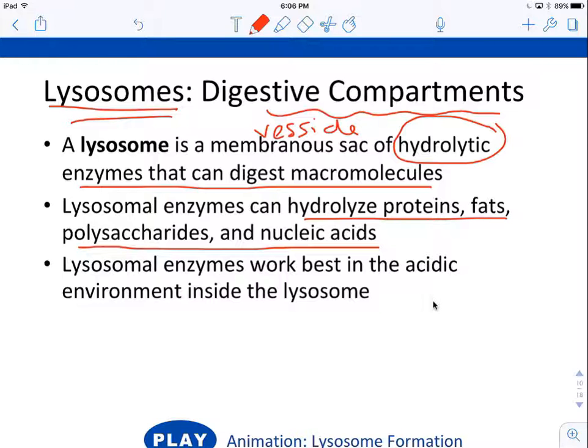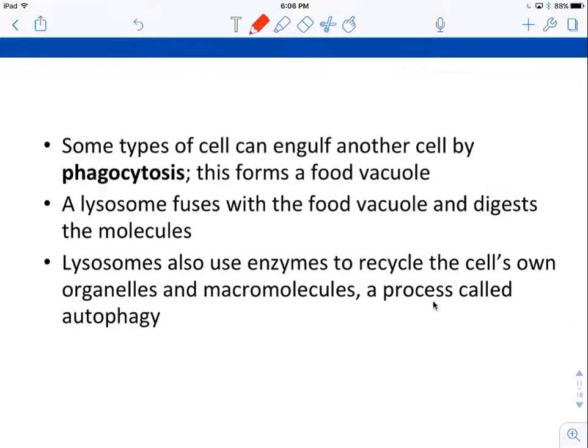Okay. The lysosomal enzymes work best if there's an acidic environment inside the lysosome. It creates this little environment so that the proteins inside have the correct structure so they can have their correct function. Some types of cells can engulf another cell or bits of food by a process called phagocytosis. We're going to talk about that in the next chapter, chapter 7.